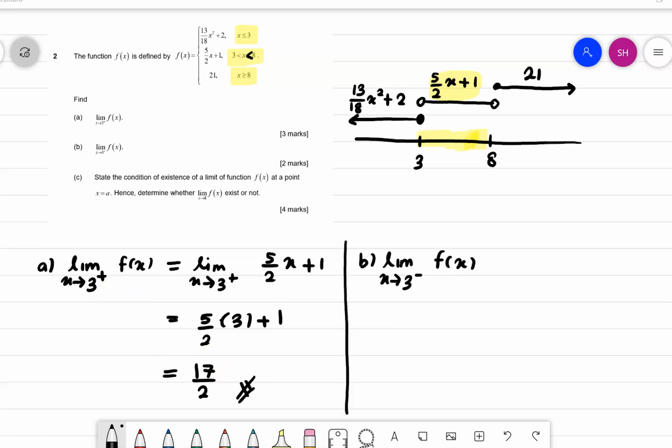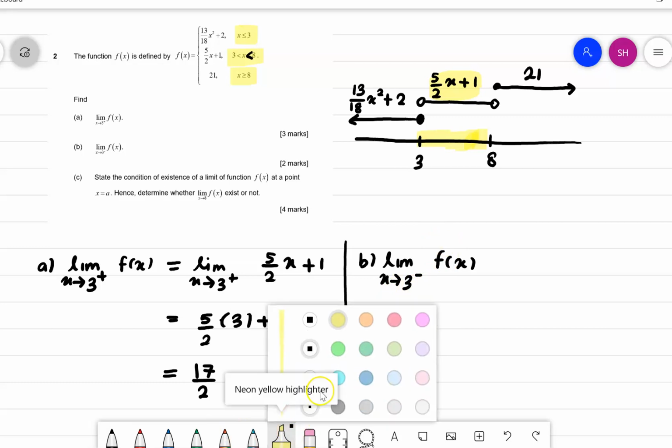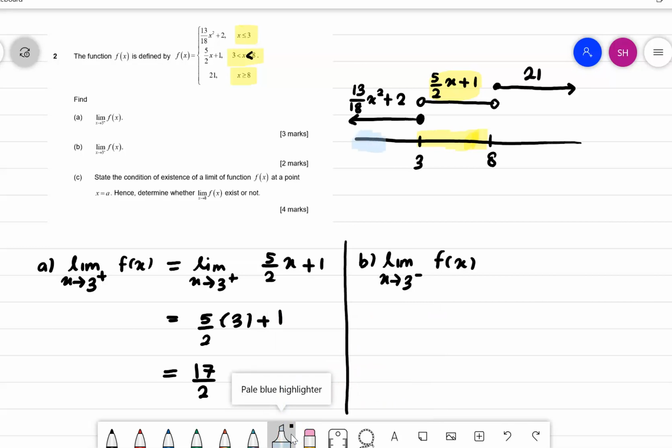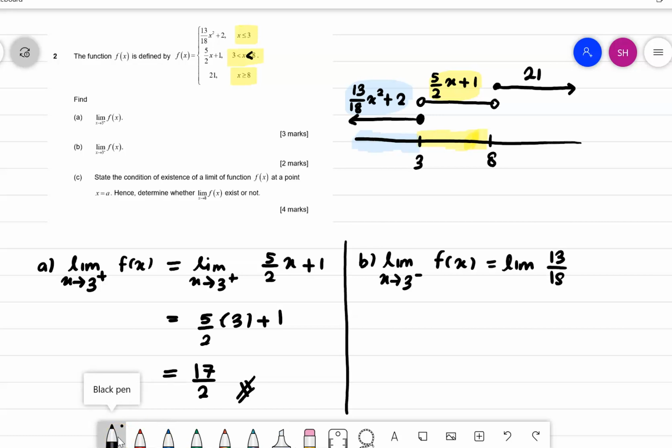Okay, for 2b, the question asks to find the limit of f(x) as x approach 3 from left. So 3 from left is this function. So the function is 13 over 18 x squared plus 2, for the limit of 13 over 18 x squared plus 2 as x approach 3 from left.